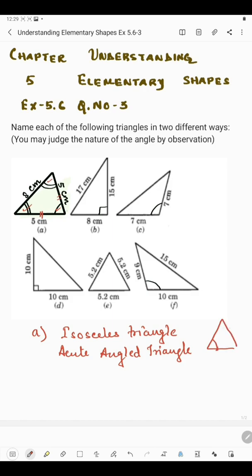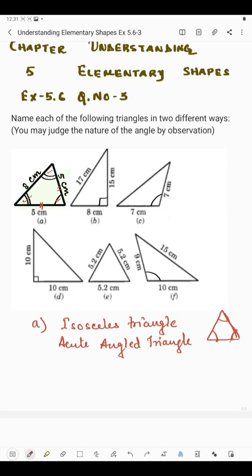Again, this and these are bending towards each other, so this is also acute, and this side and this side also are bending towards each other, so this is also acute. So if in a triangle all the three angles are less than 90 degrees, then it is said to be an acute angle triangle.